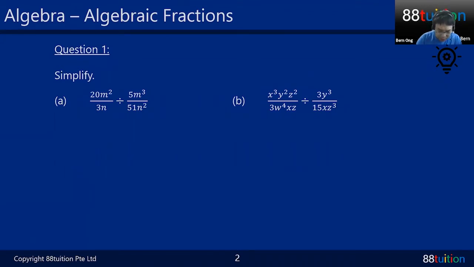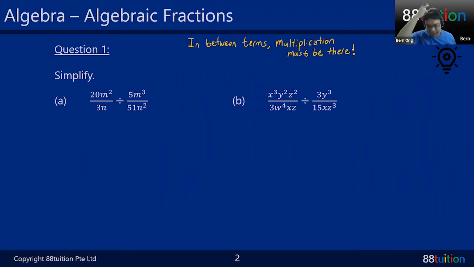In between terms, multiplication must be there to separate the terms. What do I mean? For example, 20m squared. Do you know what is in between the 20 and the m squared? It's actually the multiplication. Do you know that?